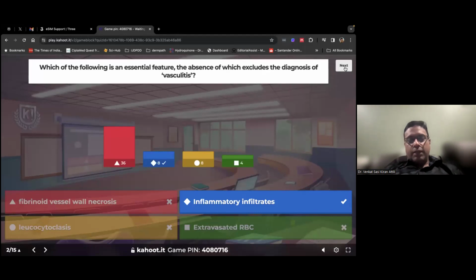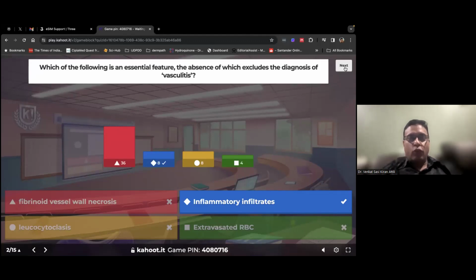Actually, in early cases of vasculitis, fibrinoid vessel wall necrosis may not be visible and may be absent. So you don't exclude a diagnosis just because it's not visible. Itis is inflammation. So without the presence of inflammatory infiltrates, we do not make a diagnosis of vasculitis.